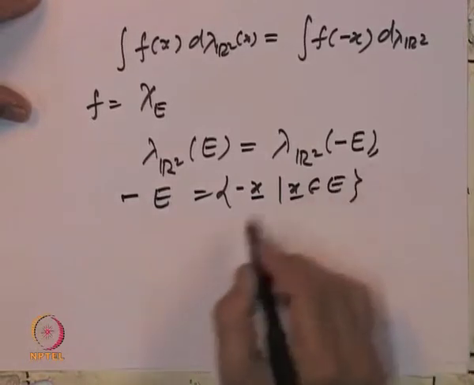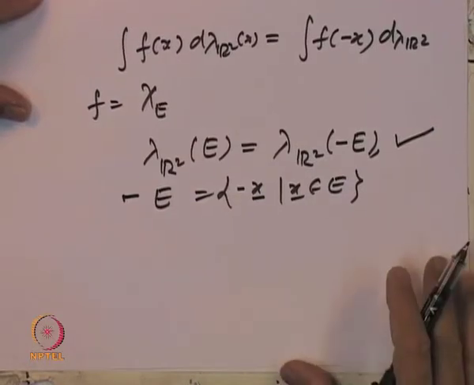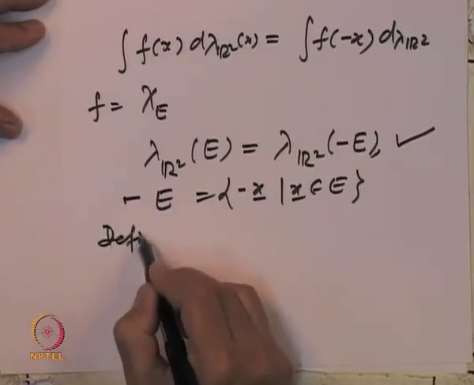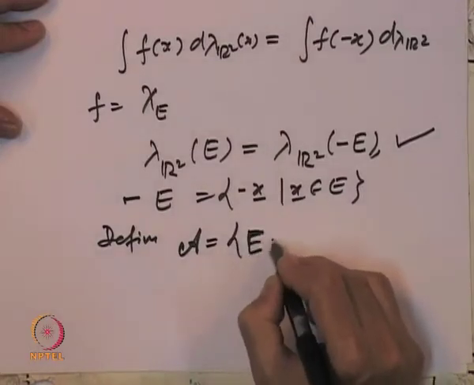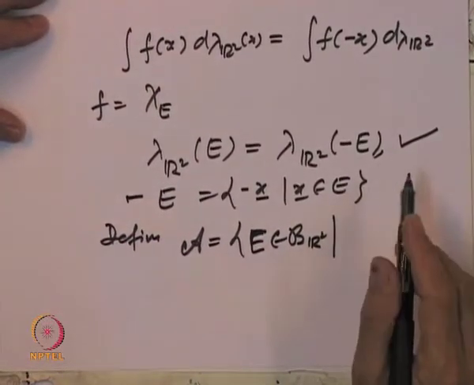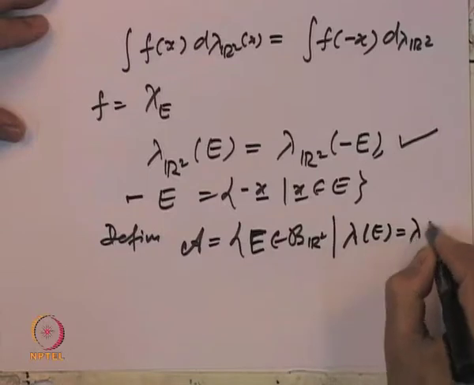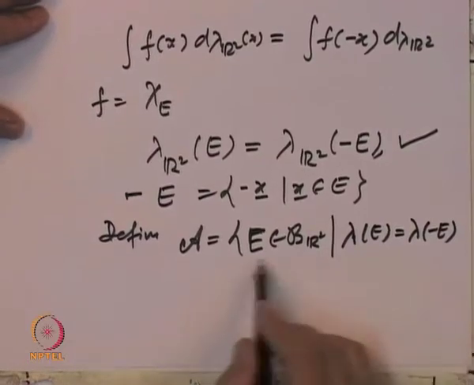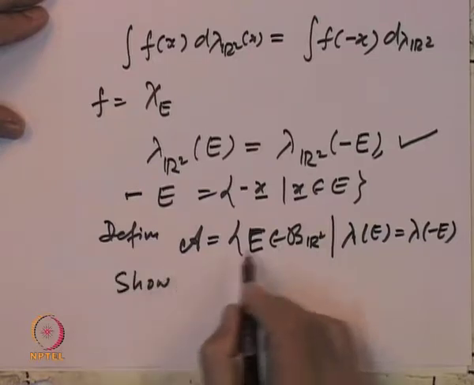Okay. Now, to prove this, once again one has to go to the sigma algebra technique. Define A to be the collection of all those sets E belonging to B R 2 for which lambda of E is equal to lambda of minus E. So, one will show that rectangles are inside it.